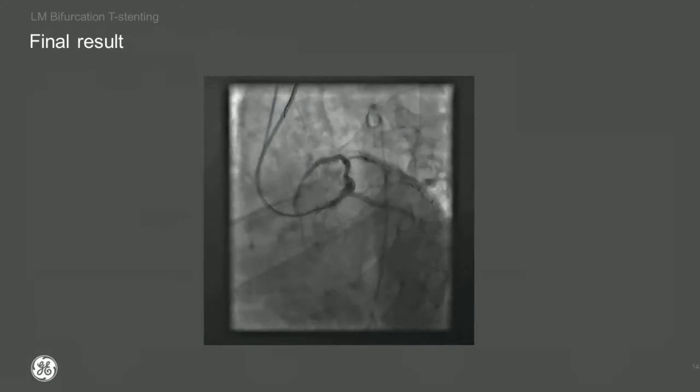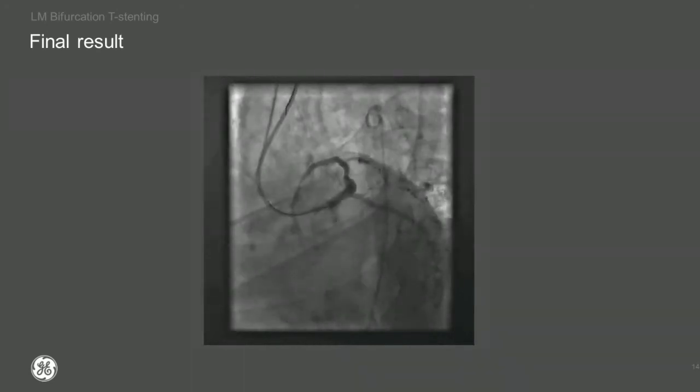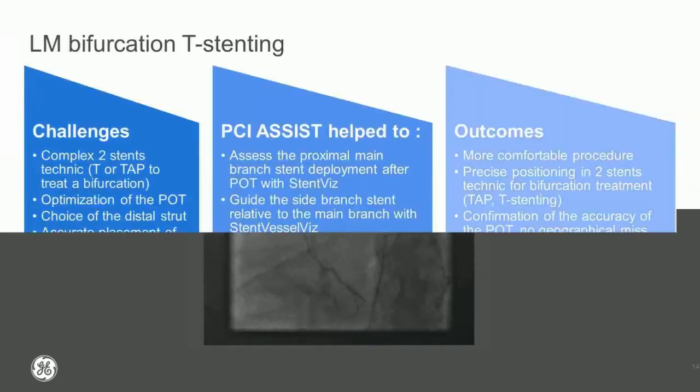Here you can check the result, which was good, with a good position of the second stent on the side branch, and the stent well open and covering the ostium of the left main.